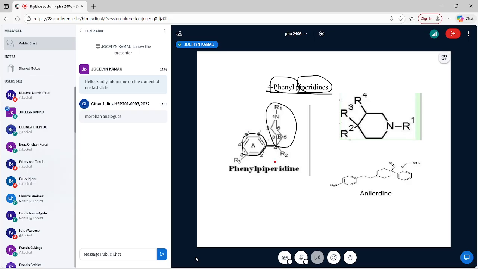We start the basic numbering from the piperidine ring. The former position 2 of the benzomorphans becomes position 1 of the phenyl piperidines. So the nitrogen carries position 1, and then position 2. This was our former position 16, sorry, position 15.